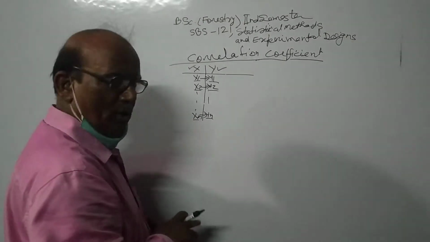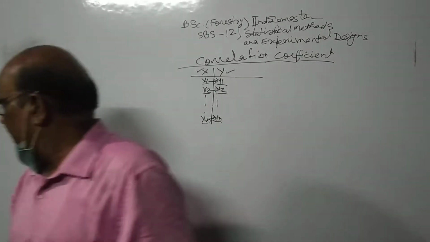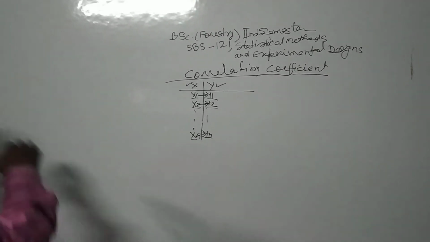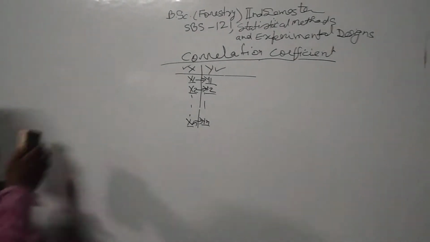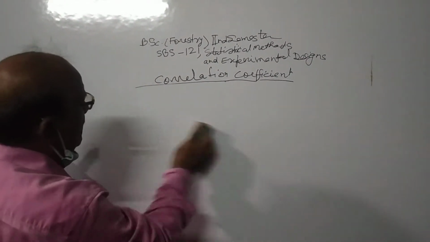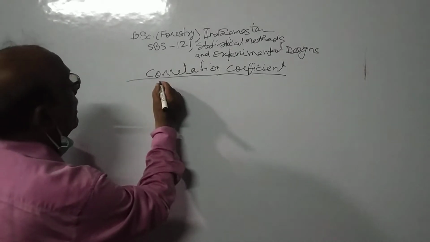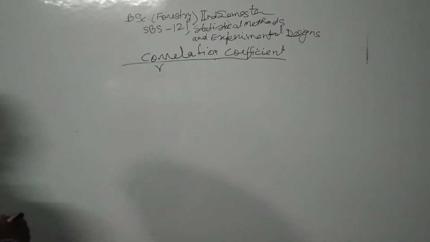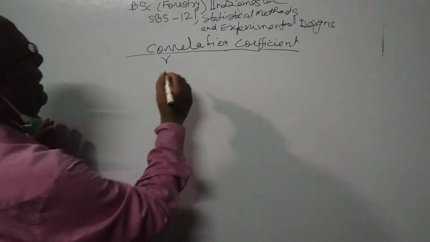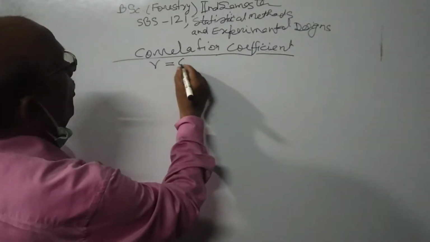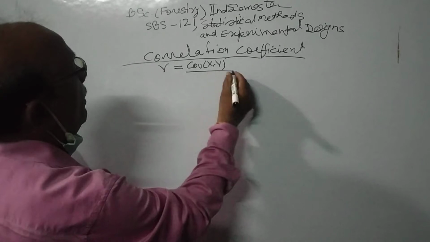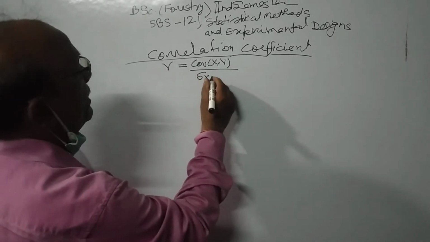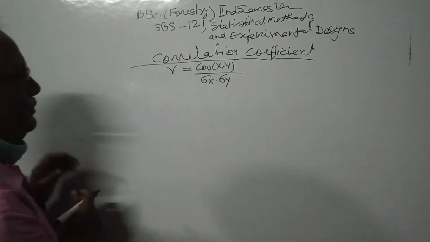The correlation coefficient is represented by small r, and r is equal to the covariance of xy upon the standard deviation of x and y.